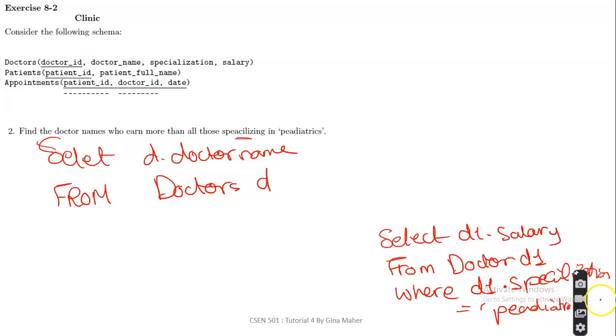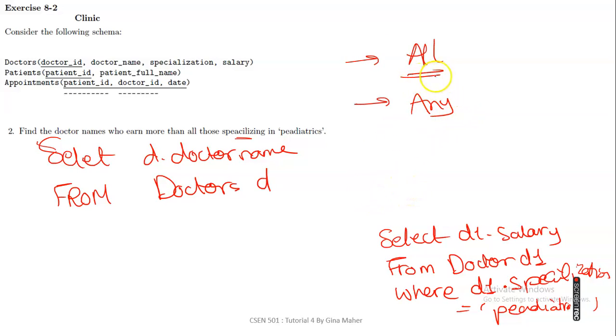Okay, what we want to do is check that the salary of this doctor is greater than all the salaries here. We can use something called all. We have two functions which are all and any.